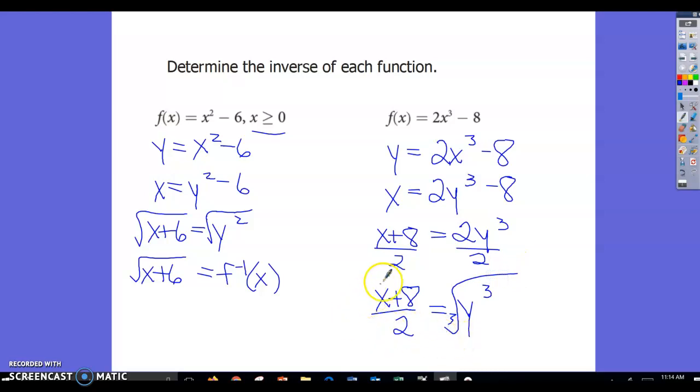Because you're taking the cube root, you have to do the cube root of everything on the left. So it's going to be the cube root of x plus 8 over 2 equals f inverse of x.